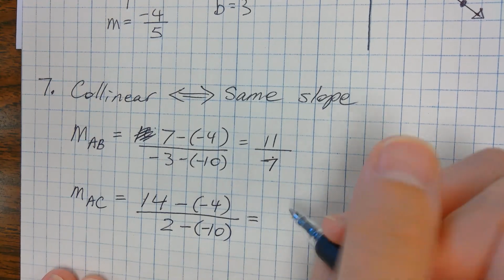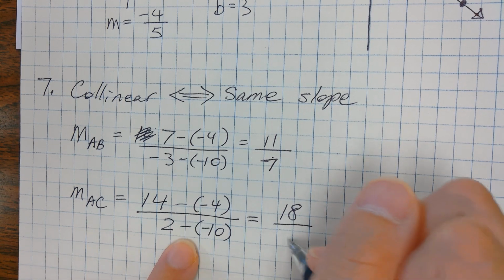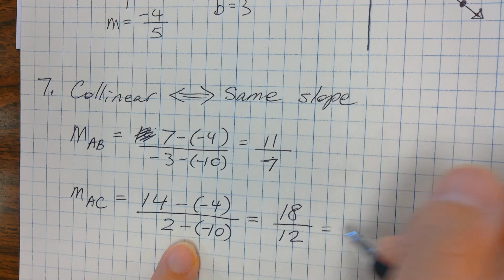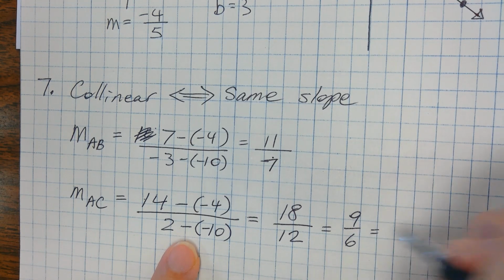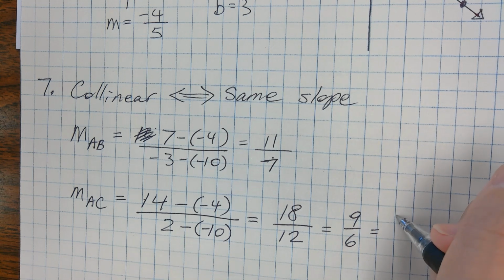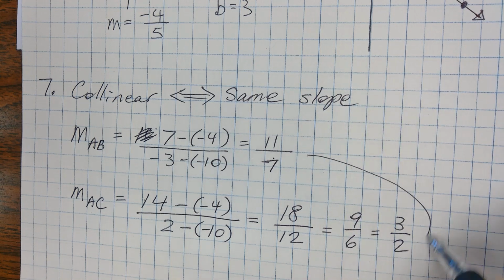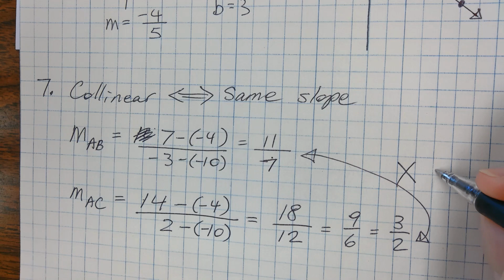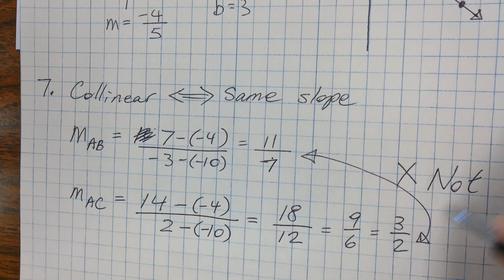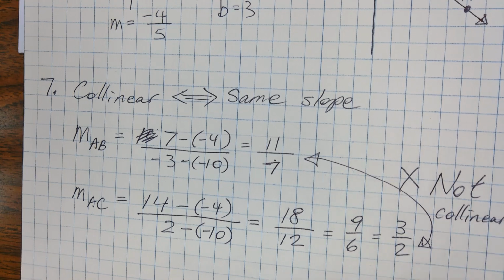When I add this, I get 18 over 12, which is 9 over 6, 3 over 2, when I reduce it. Are they the same slope? Nope. That means not collinear. So these 3 points do not make the same line.